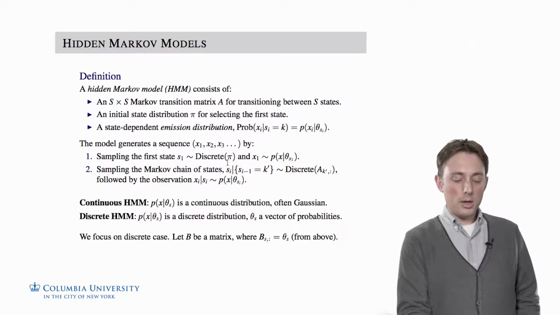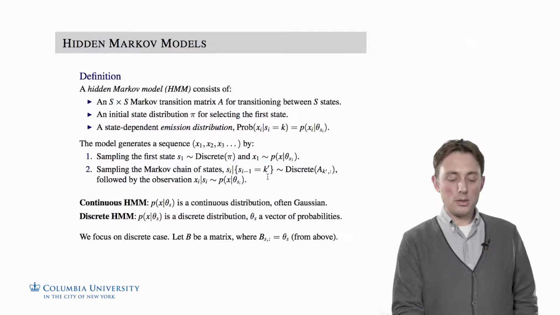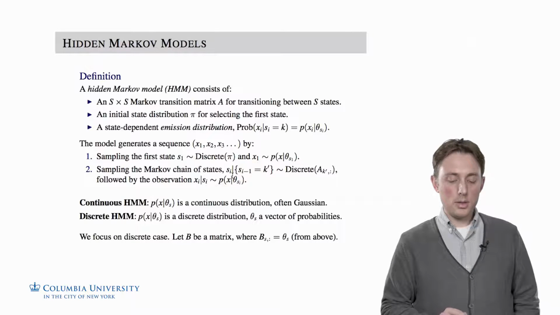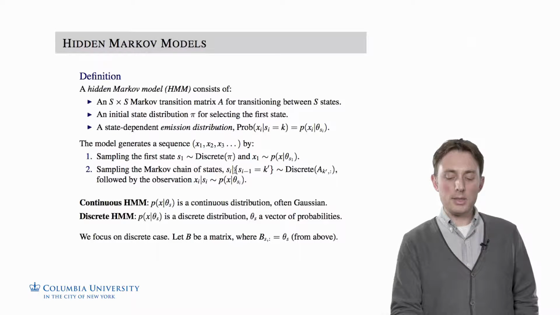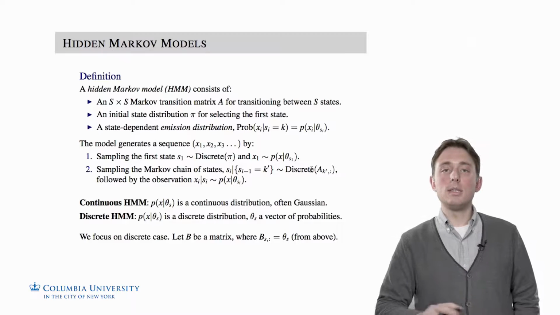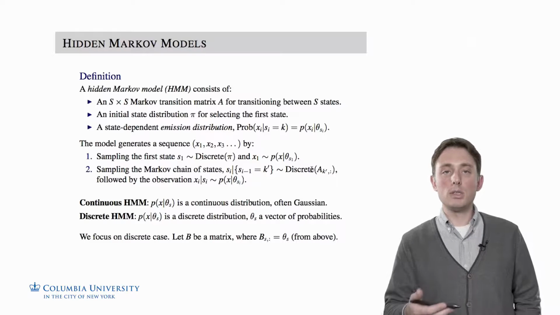And then I follow that by generating the rest of the sequence through a Markov chain. So I simply generate a sequence of states where at time i, the distribution on my state at time i, given that I'm in state k prime at time i minus 1, is simply a discrete distribution where I pick out a probability distribution on states from the k prime-th row of my transition matrix. So this matrix, again, has S different transition distributions to the S states, depending on which state I'm at.